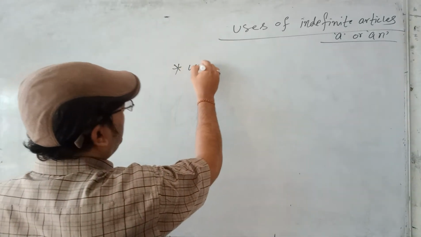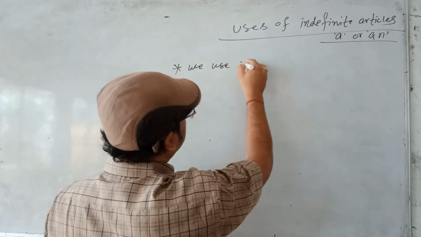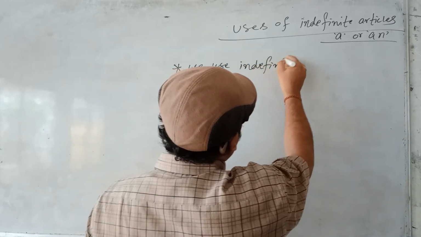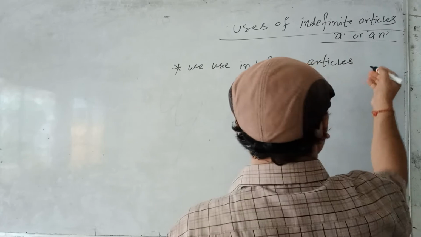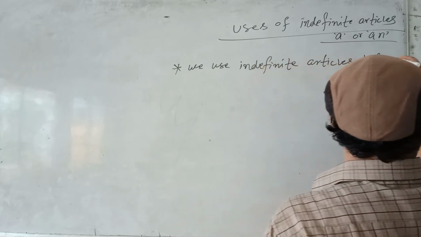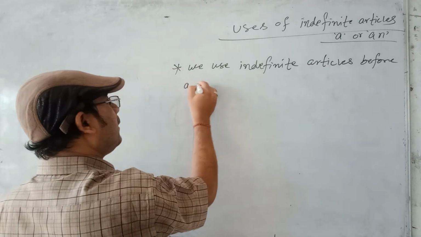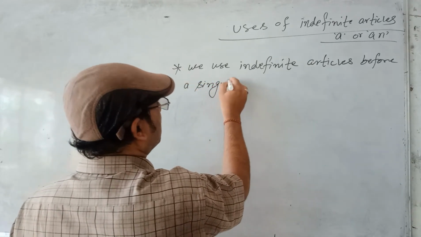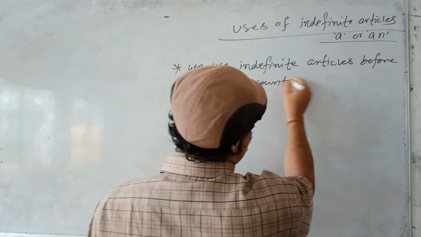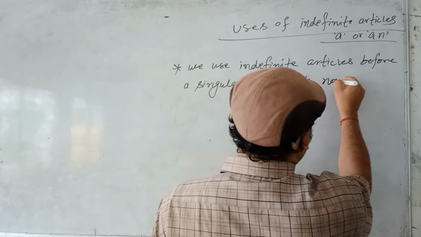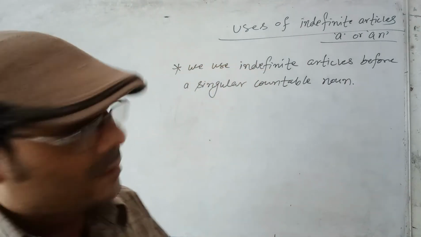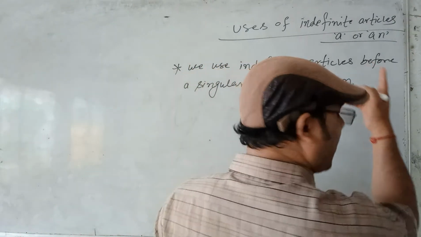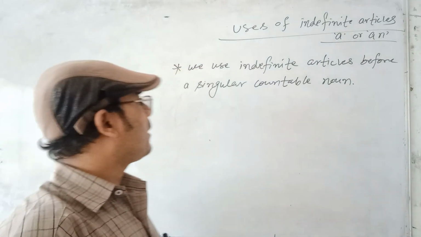A or an, we use indefinite articles before a singular countable noun. As we know, indefinite articles are used before a singular countable noun. A or an is used before a singular countable noun.